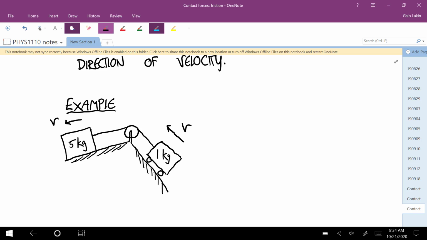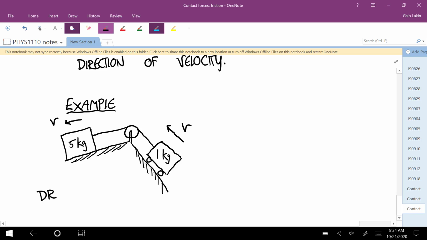And just as the cord between whatever's pulling it and this 5 kilogram box was released, that's the instant that we're looking at. So it would still be sliding, even though maybe it would be stopping. But at that instant, it would be sliding to the left. So this is a totally possible thing. It's just that we don't know what was happening at the instant leading up to this.